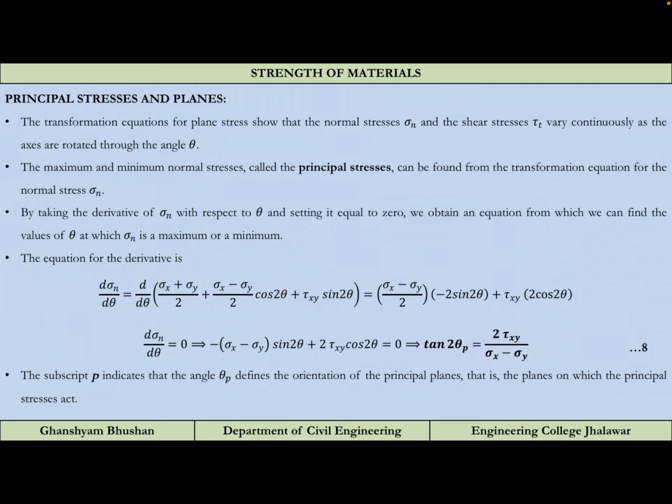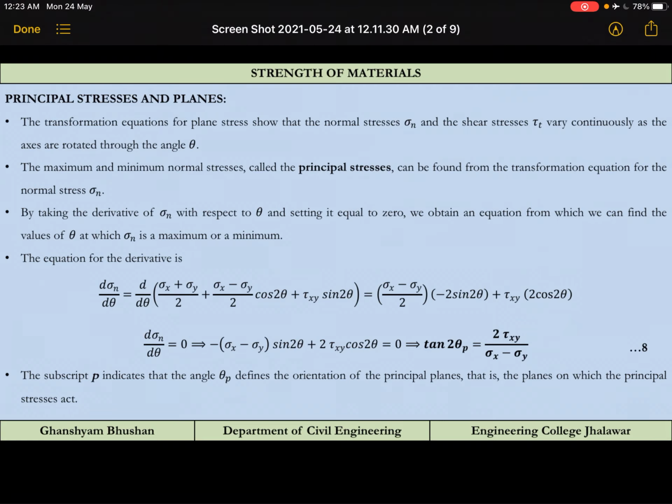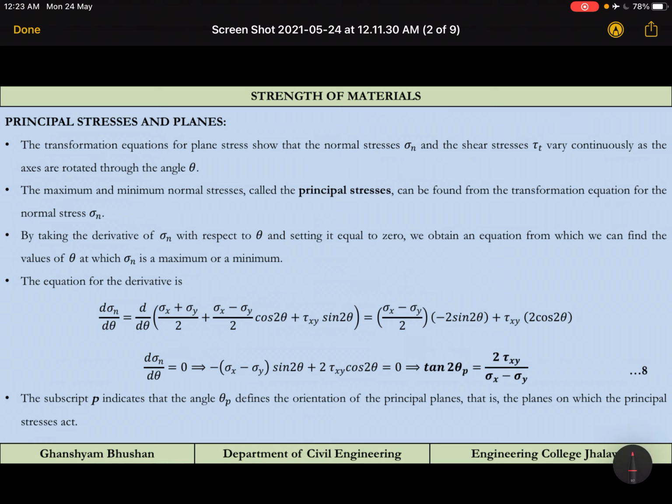The transformation equations for plane stress show that the normal stress sigma n and shear stress tau t on the plane vary continuously as the axes are rotated by the angle theta. So this was our member.